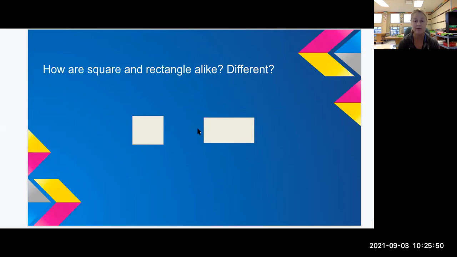On the rectangle, this side and this side are equal, and then this side and this side are equal, and that is the difference. So not all 4 are equal. Again, it's kind of like taking your fingers and pinching this side and pinching this side and spreading it out, and there you end up with a rectangle.